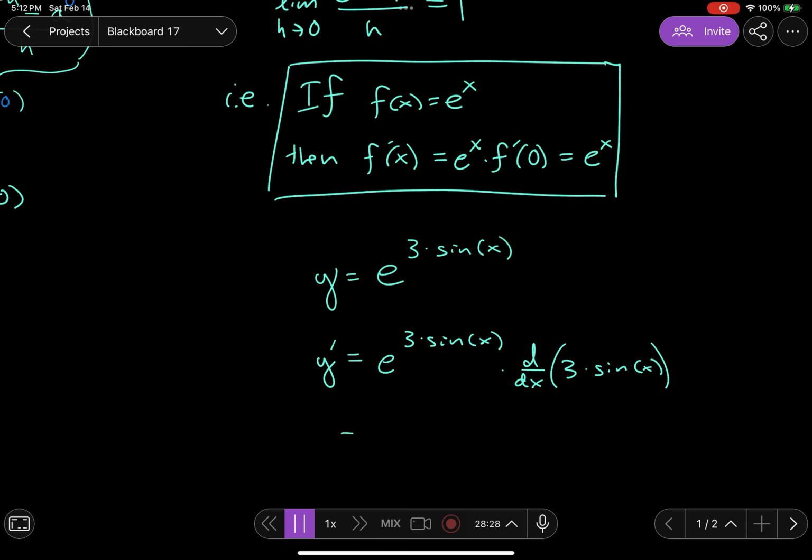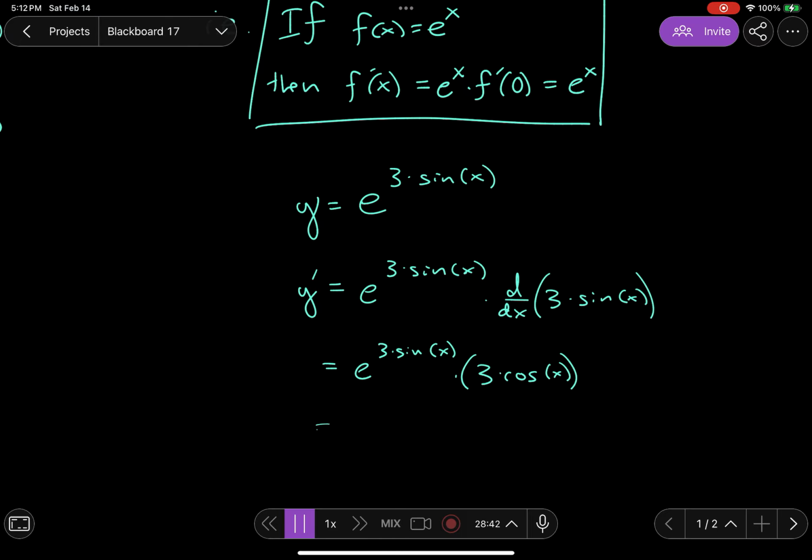And of course, this is the same thing as e to the 3 times sine of x times 3 times cosine of x. Derivative of sine is cosine. And I would clean this up like this. This is the same thing as 3 times e to the 3 sine of x cosine of x.